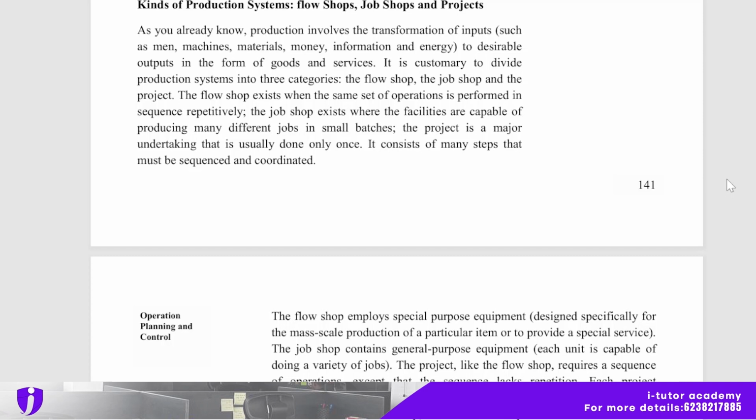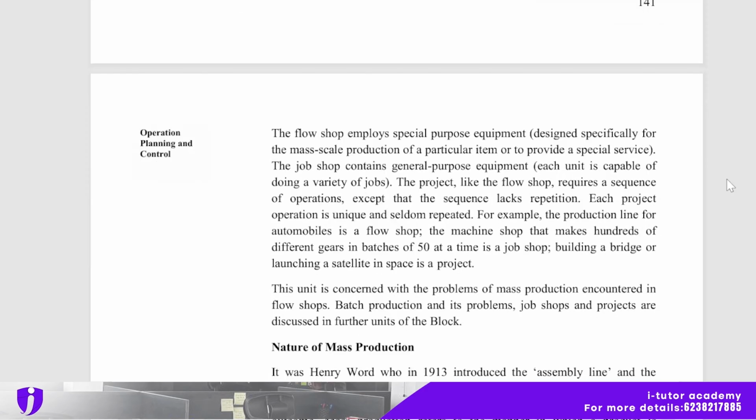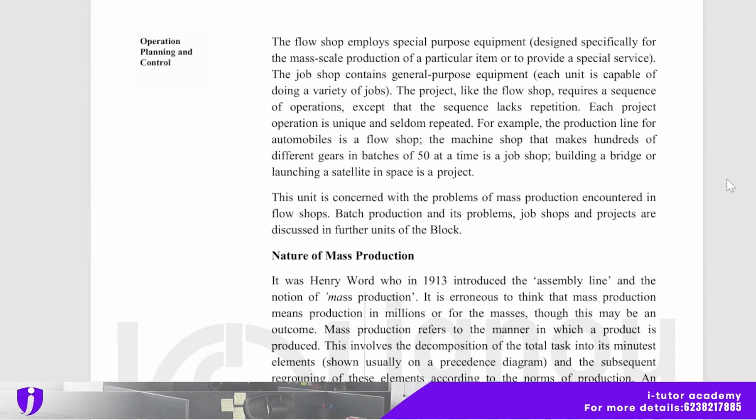The job shop exists where the facilities are capable of producing many different jobs in small batches. The project is a major undertaking that is usually done only once, and it consists of many steps that must be sequenced and coordinated. The flow shop employs special purpose equipment designed specially for the mass scale production of a particular item, or to provide a special service.